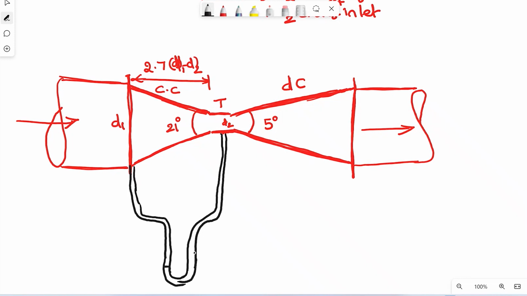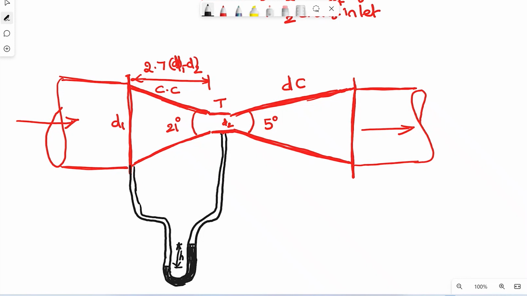And this is the differential manometer reading, and this reading is equal to some h.